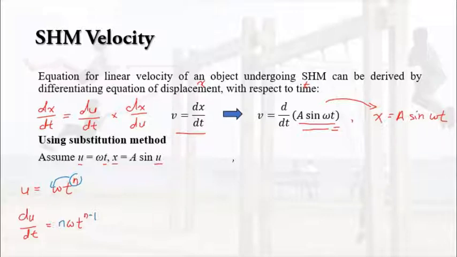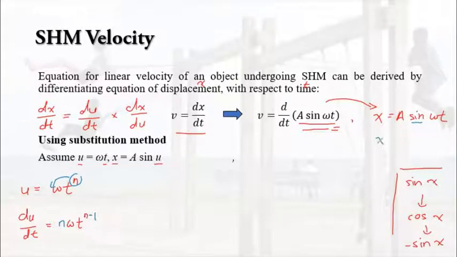Then how about sine? When you differentiate sine x, you're going to get cos x. And when you differentiate cos x, you're going to get negative sine x. This is very important, you must know. Why? Because sometimes the questions won't give you x in terms of sine functions.